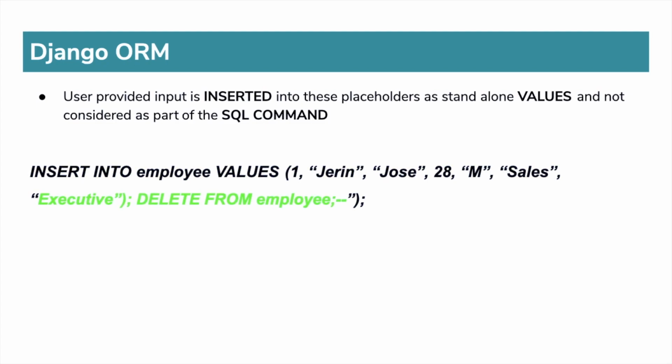So if you look at this, these data from the user are inserted into the placeholders as standalone values, and it doesn't consider this as being part of the SQL command itself. It's just values which have been inserted into these placeholders.